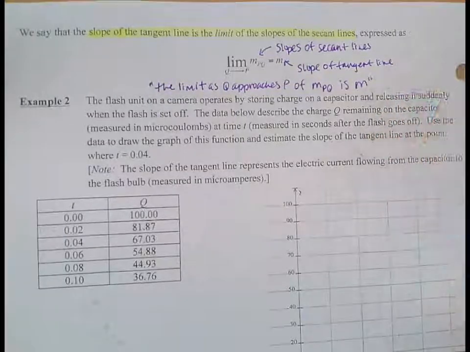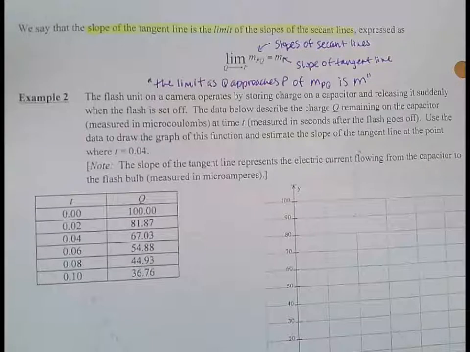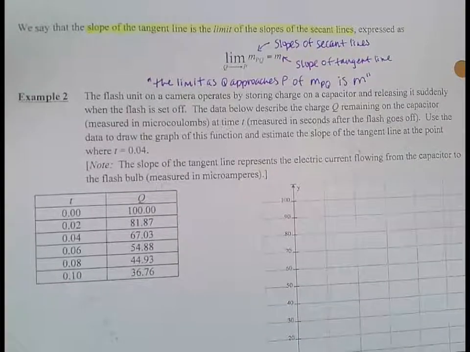And normally with limits, you're going to see values in there, not all variables like I have written here. But again, the limit as Q approaches P of the slopes of the secant lines, M of PQ, is the slope of the tangent line M. So just showing that that slope is considered a limit. That's the big idea for this.